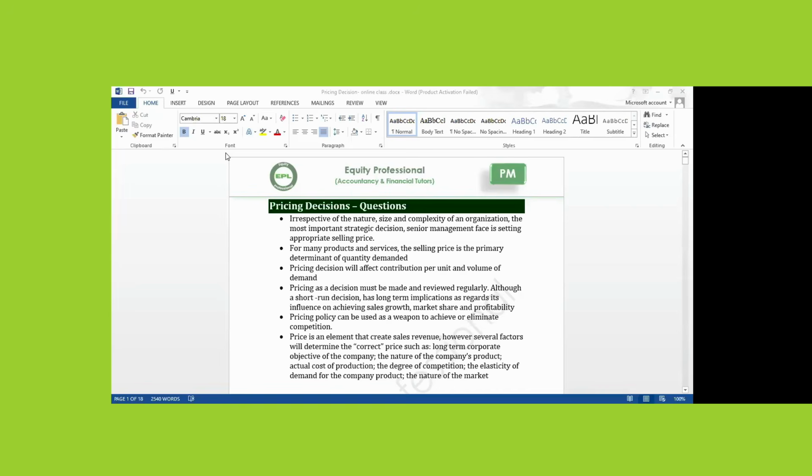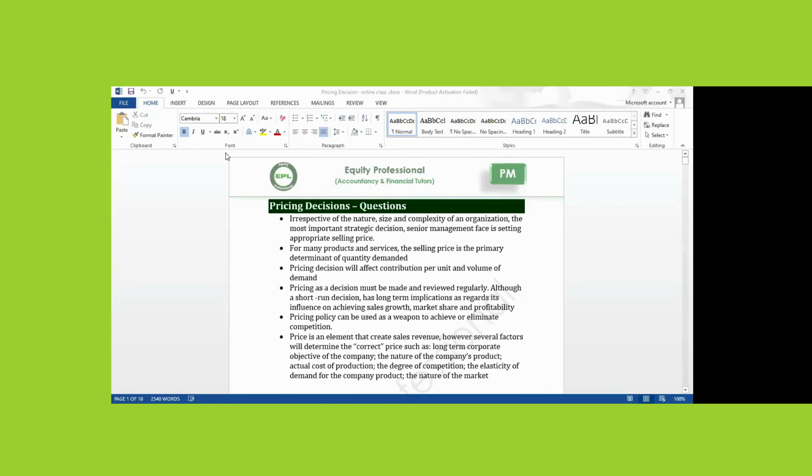Is your product luxury or necessity? Is your product durable or perishable? The nature of your product will affect price of your product.